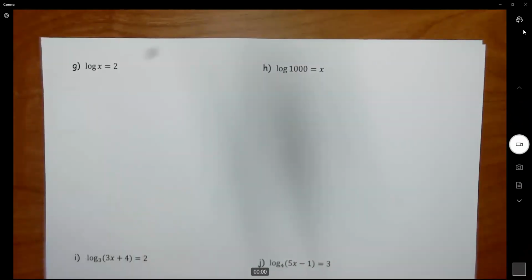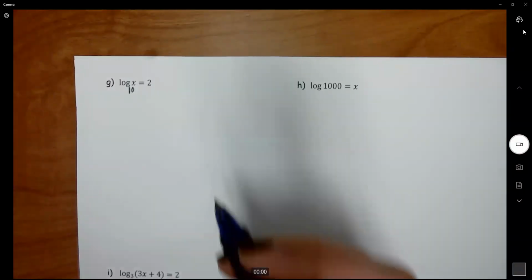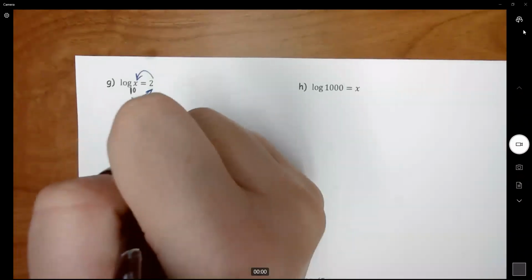We have log x equals 2. This is your common log, which we know to have a base of 10. So this is 10 squared equals x. So x equals 100 here.